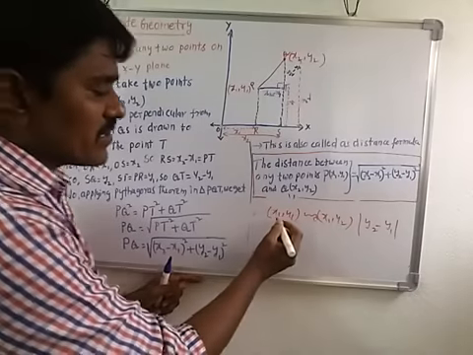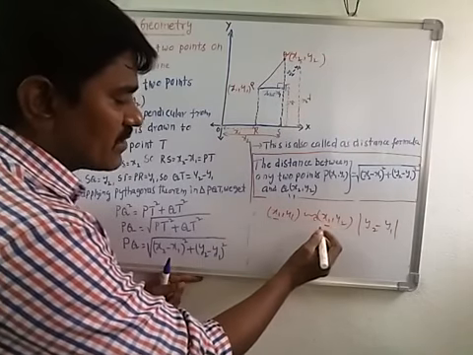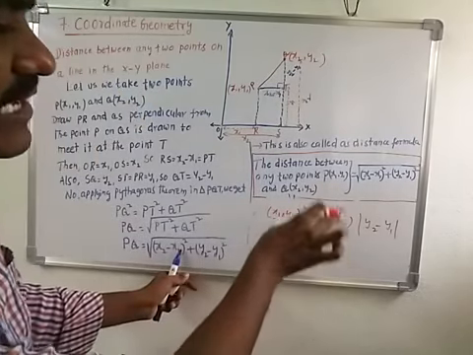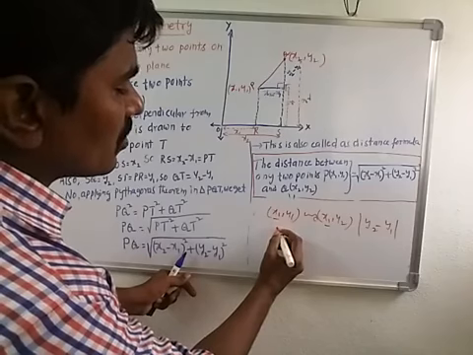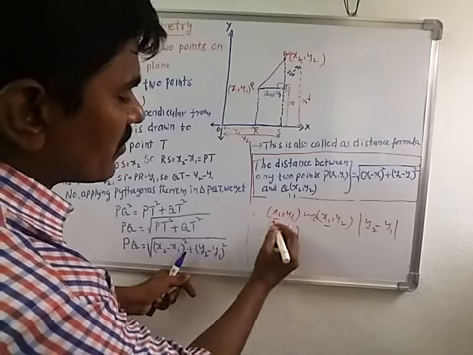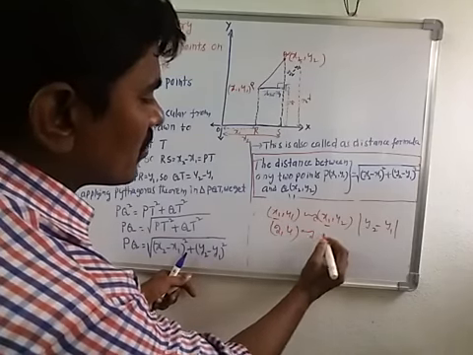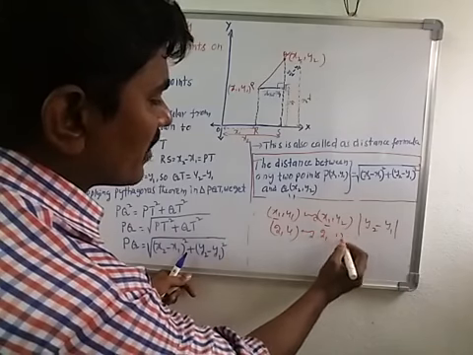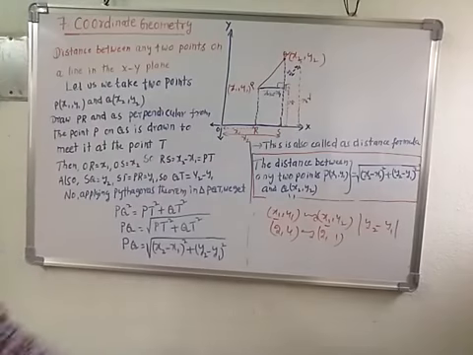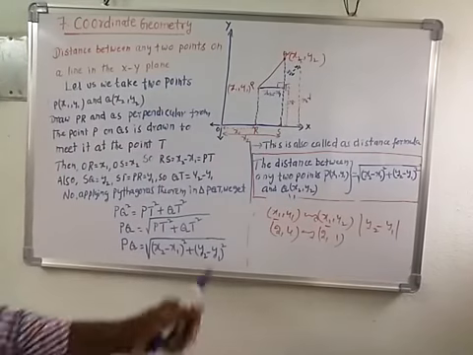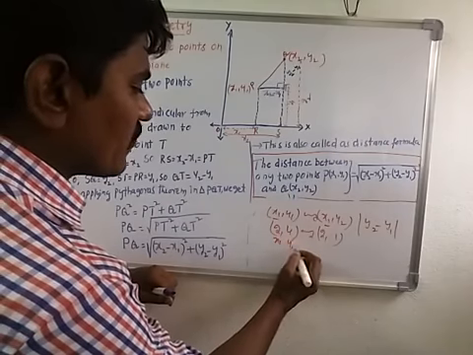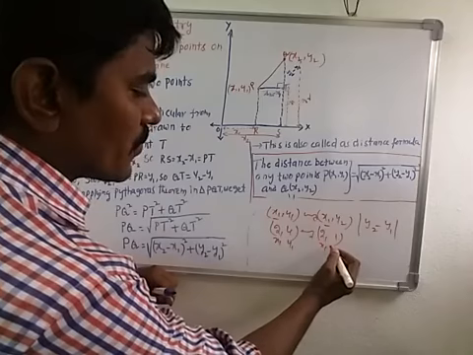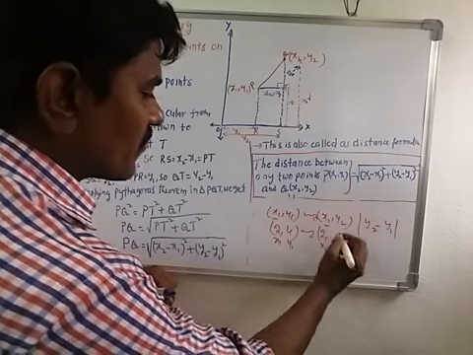So here you observe, x coordinates are equal and y coordinates are different. So for example, 2, 4 and 2, 1. What is the distance between 2, 4 and 2, 1? So x1 is 2, y1 is 4, x1 is 2, y2 is 1.